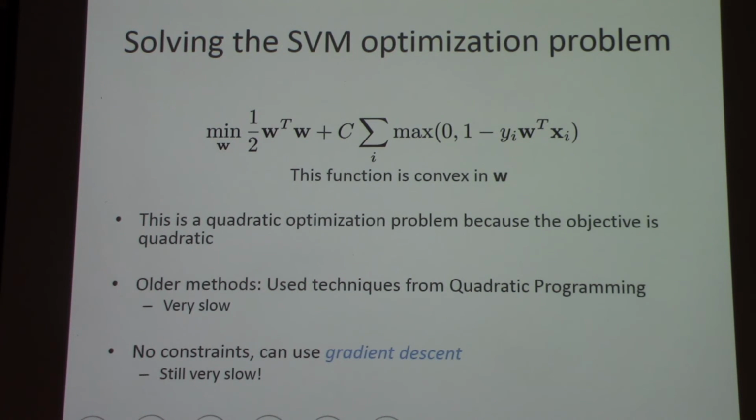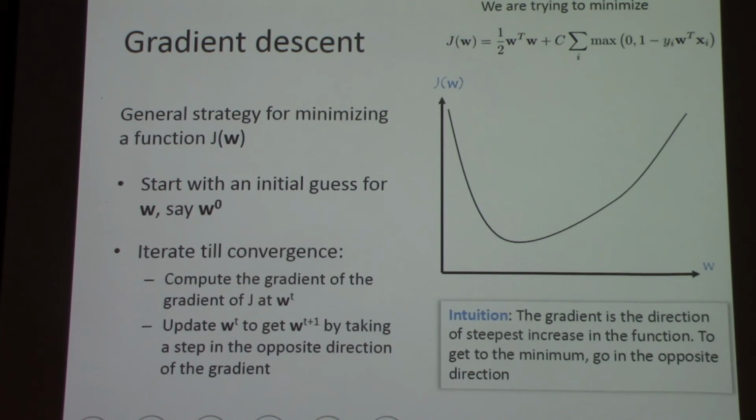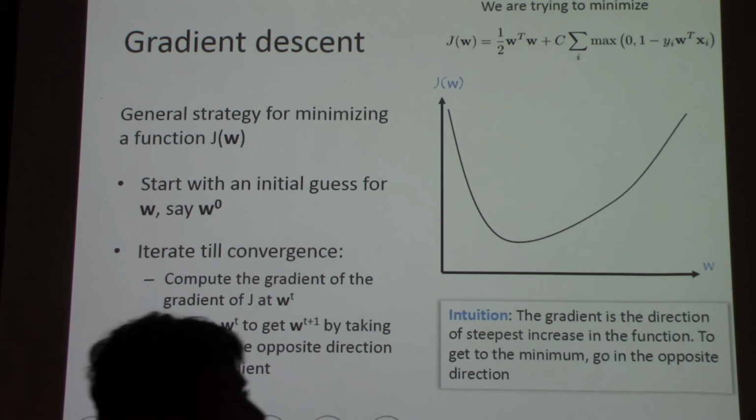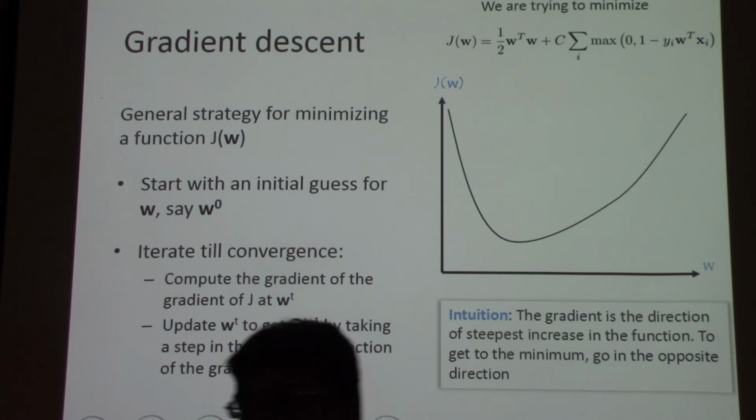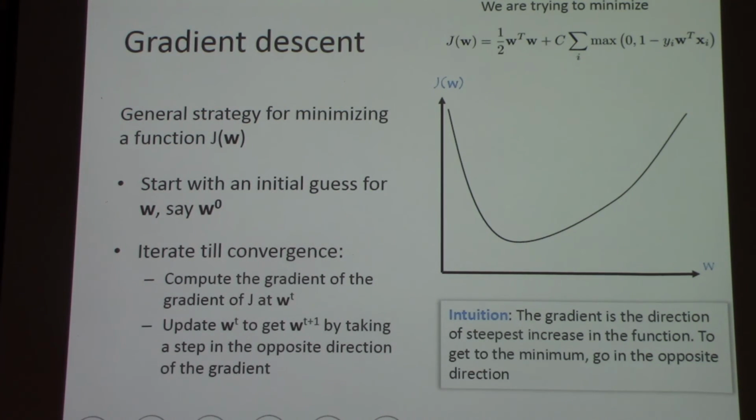The next thing that you should think about is, can I use gradient descent or some gradient-based method? So, to remind you, we've seen gradient descent before. Gradient descent is a general strategy for minimizing convex functions. So you have a function J of w, and what you do is you start with some initial guess, w0.